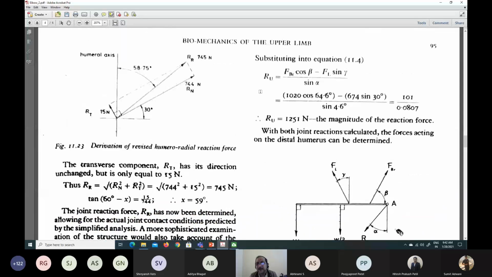So this is the RU calculation. RU is equal to 1251, the magnitude of the reaction force. Now we have determined both the joint reaction forces. They are calculated.